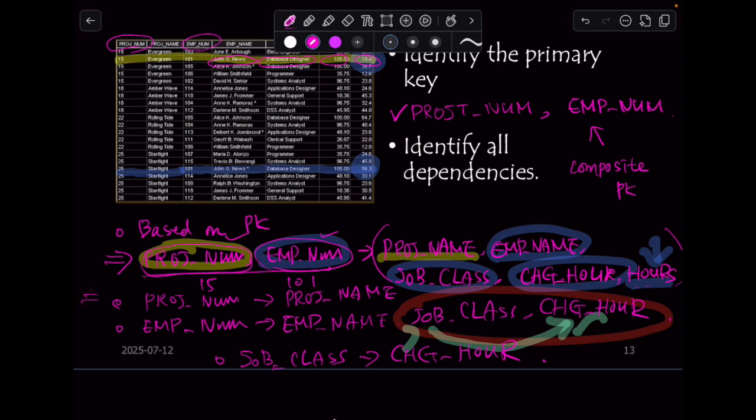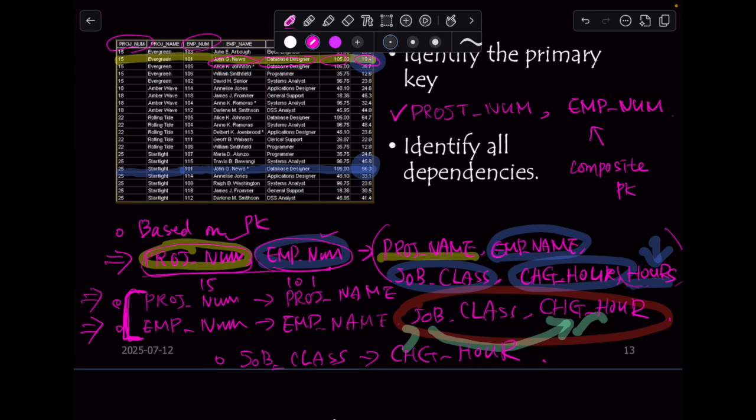So we found that one attribute, project number, can determine project name, and the other attribute, employee number, can determine employee name, job class, and charge hour. These two dependencies found here, where the determinant is part of the primary key, we call partial dependencies.